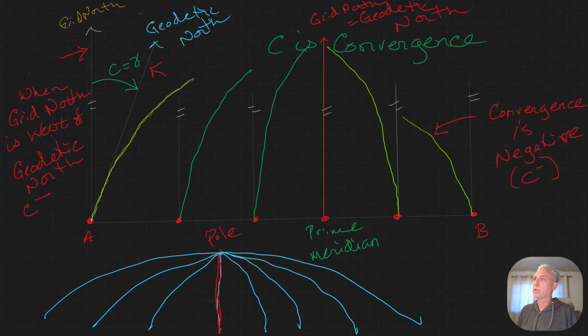Sorry about the confusion. Hard to keep this stuff straight on the fly like this. So when grid north, on the other hand, is east of geodetic north, convergence is positive. There. That's correct. I'll just put here, grid north is east of geodetic north.